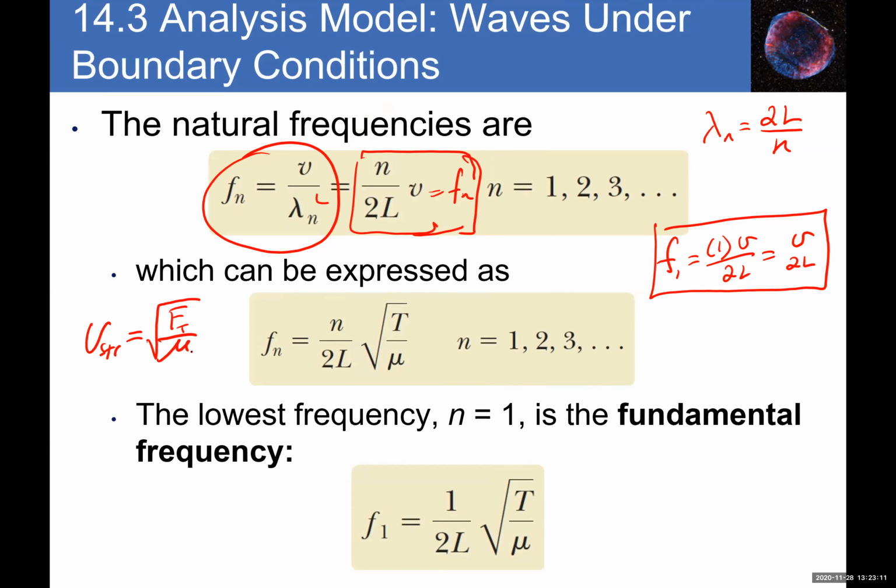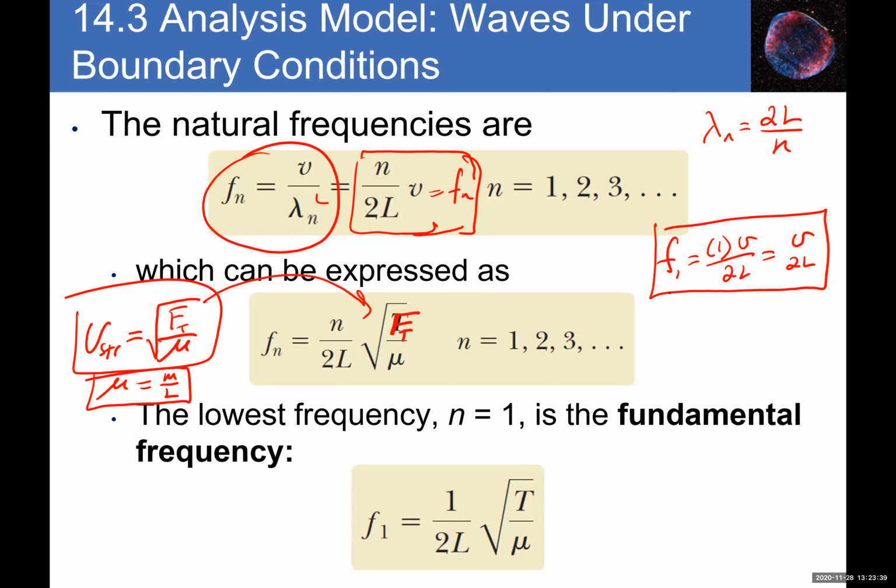Mu was the mass per length, the linear density. Those equations can be plugged in to replace the velocity of the wave. So the frequency is equal to N over 2L times the square root of the tension force over mu.